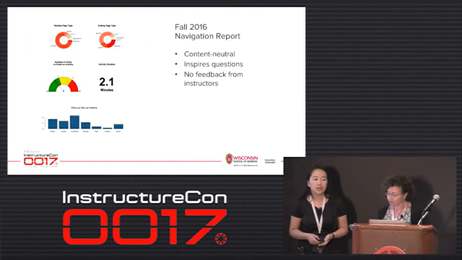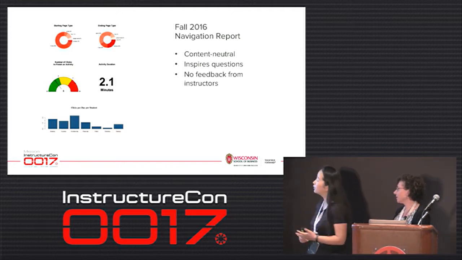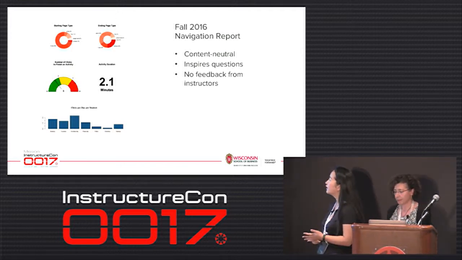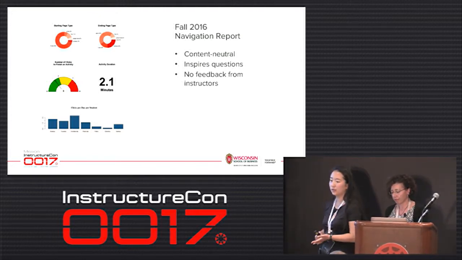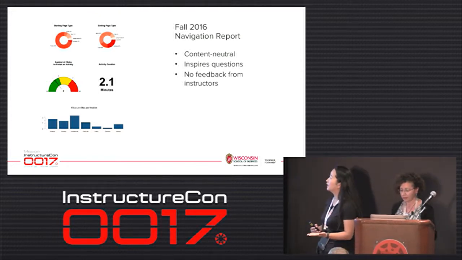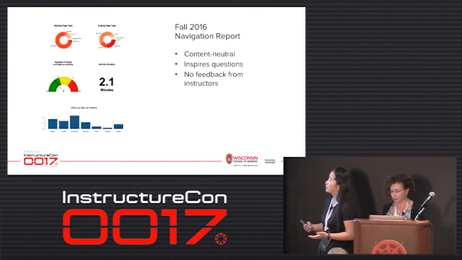At the end of fall semester, we also, for the first time, sent out navigation reports to instructors that were in Canvas. We wanted to utilize the opportunity of this Canvas transition, as well as the fact that we had Google Analytics for the first time, to inspire some questions. This report is extremely content neutral, which means that it has nothing to do with the content of the course, the assignments, or the readings.